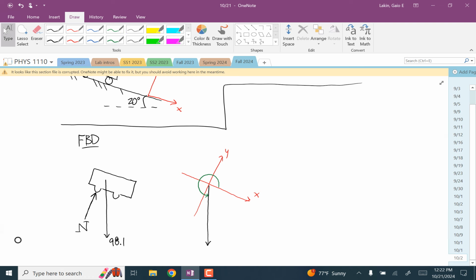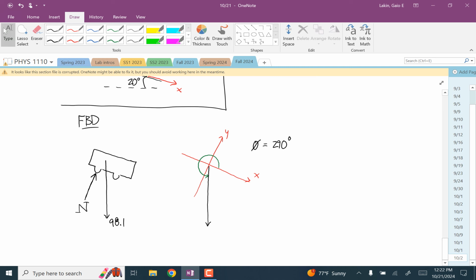You go, that's the right idea, but you get to 270 and then you go past it another 20 degrees, so it's 290. Okay, so this angle is 290. And so the weight force is 98.1 times the cosine of 290, and 98.1 times the sine of 290.